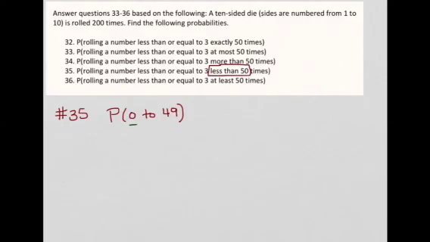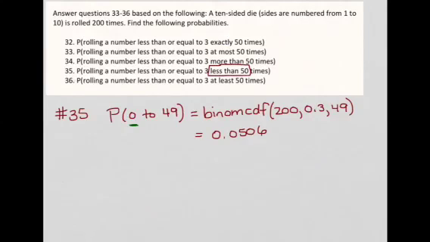Now this starts with 0, so we're good to go. And I'm going to say this equals Binomcdf, because it's a range of values, 200, 0.3, 49. And I get 0.0506, rounded to 4 decimal places.